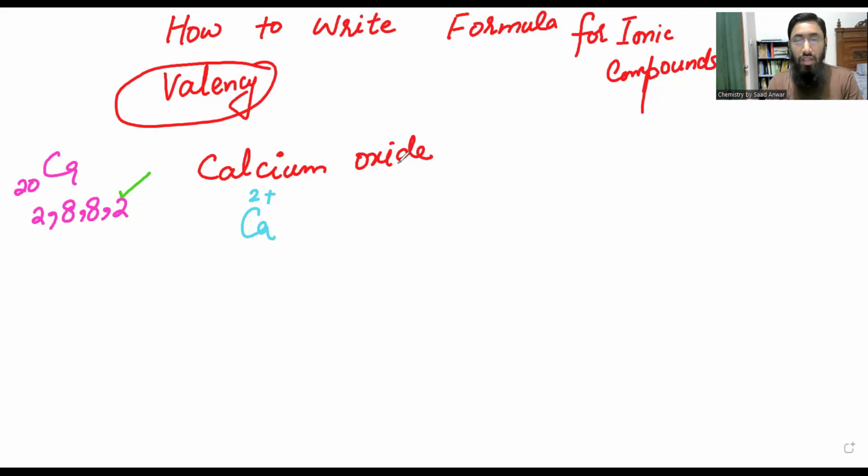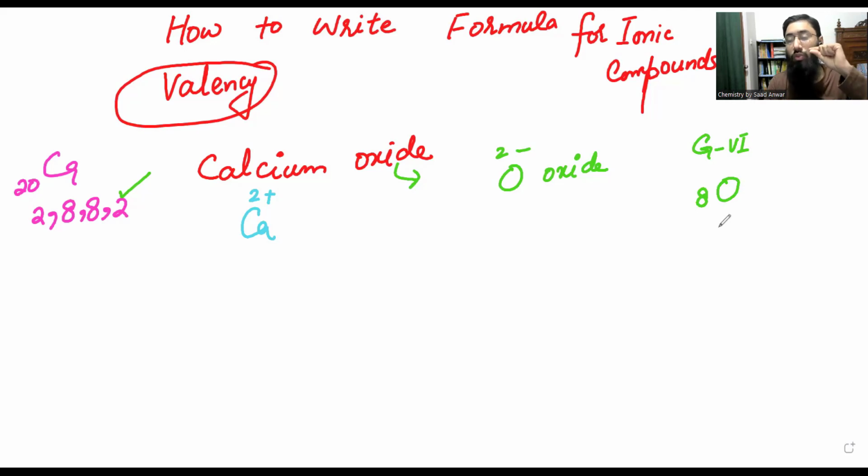Then oxide. What is oxide? When oxygen carries a minus 2 charge, we call it oxide. Because you see in the periodic table, oxygen belongs to group 6 and its atomic number is 8.